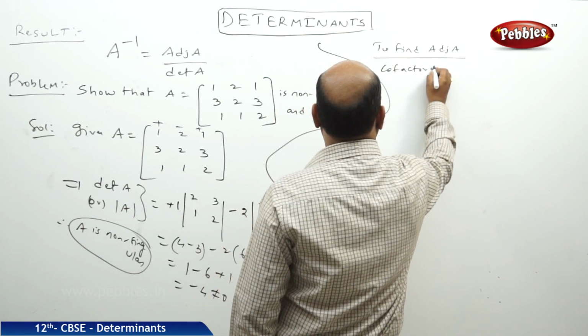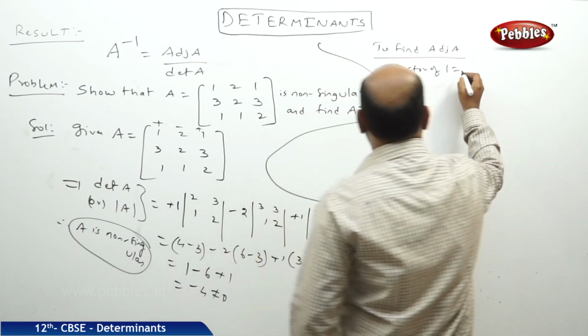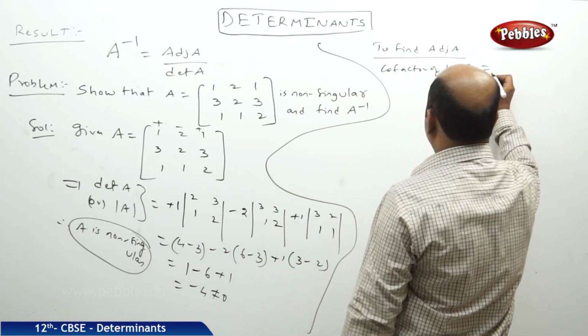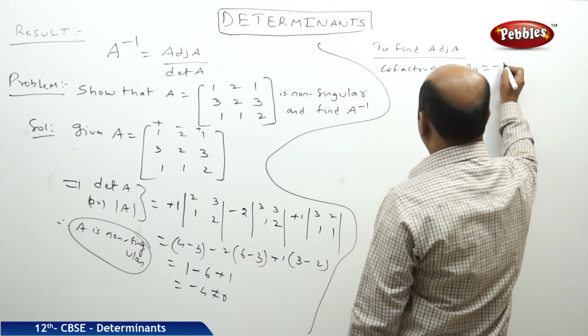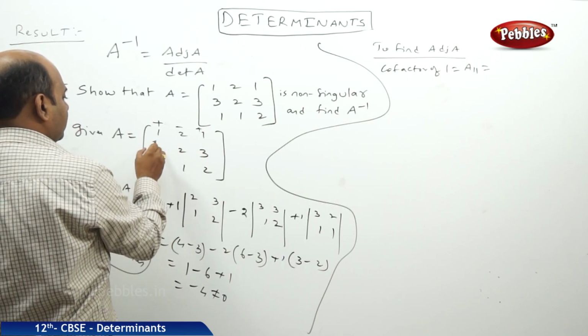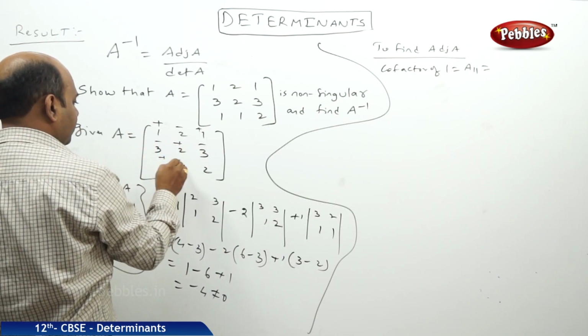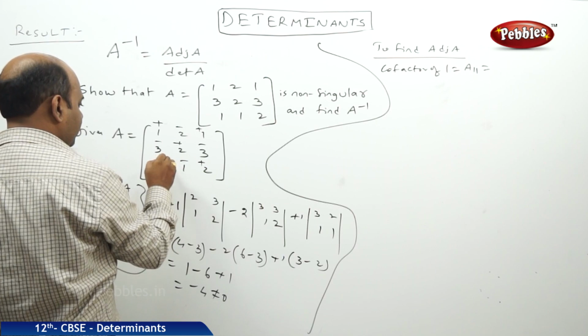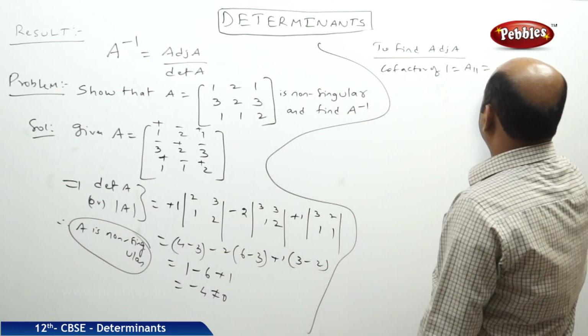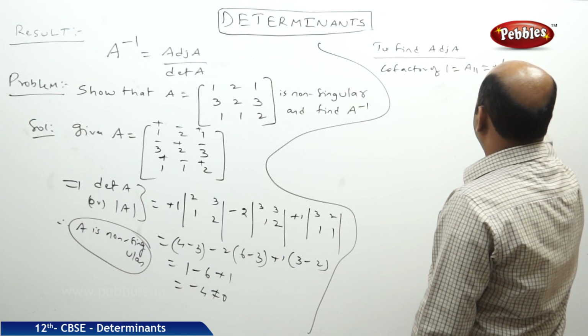Cofactor of 1 is A11. A11 cofactor means minus 1 whole power 1 plus 1. Here I will be writing the symbols minus plus minus plus minus plus, so every time I don't want to write that particular thing. So plus into its minor.